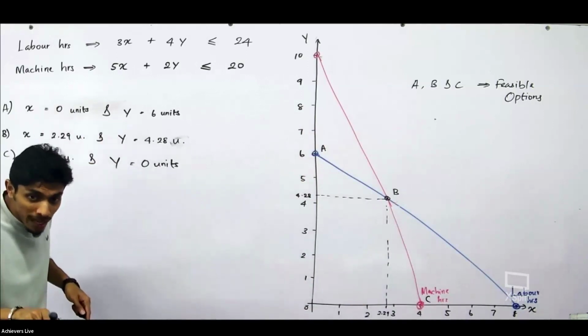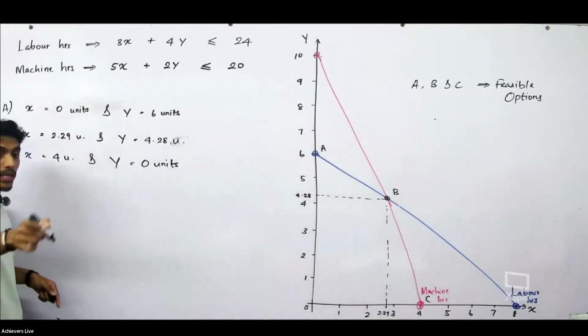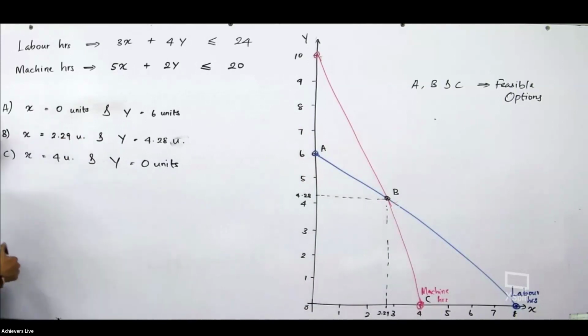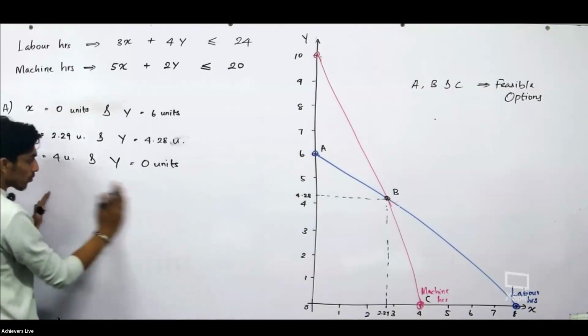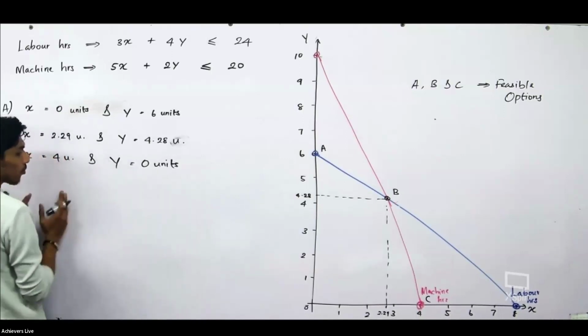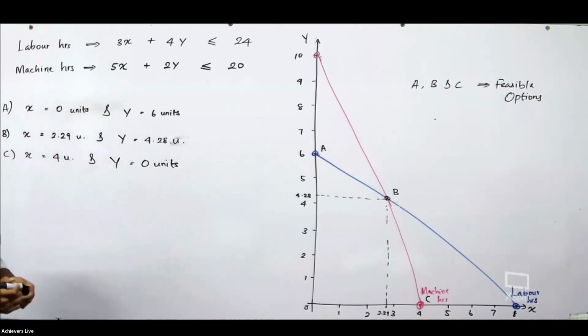Now you have to check in which option you will get the maximum contribution. If you choose A, what will be the contribution? If you choose B, what will be the contribution? If you choose C, what will be the contribution? You have to check that. In order to check that, we have to construct a formula which is called the contribution formula.